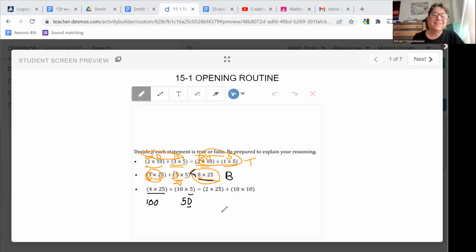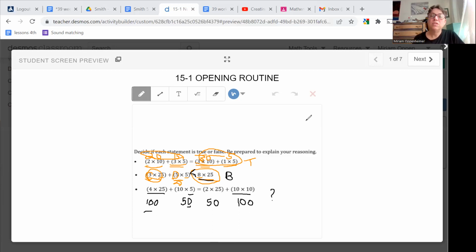And then here, 10 times 10, like I said, you start with the number and then you add another 0. So that is the same as that. And 2 times 25 is also 50. So are they the same? What do you think?